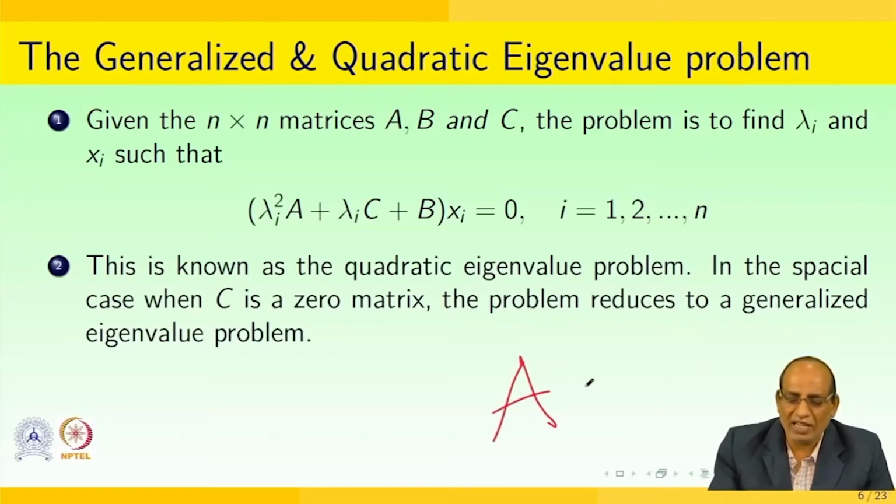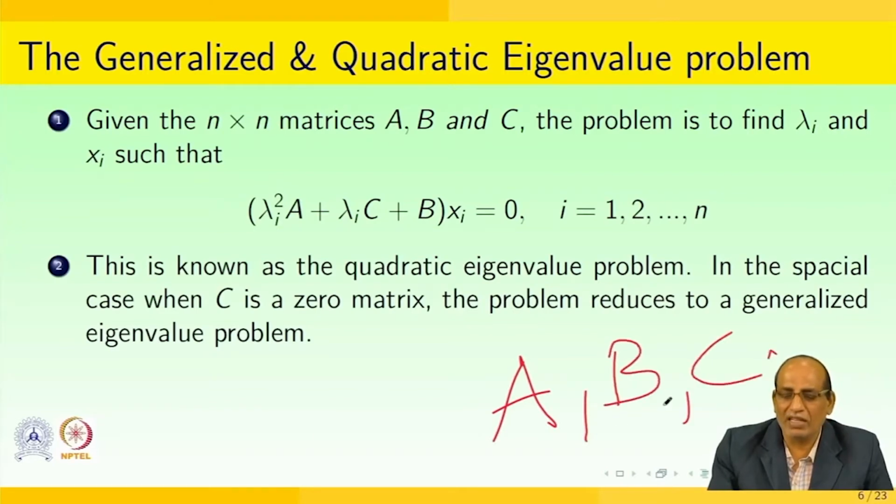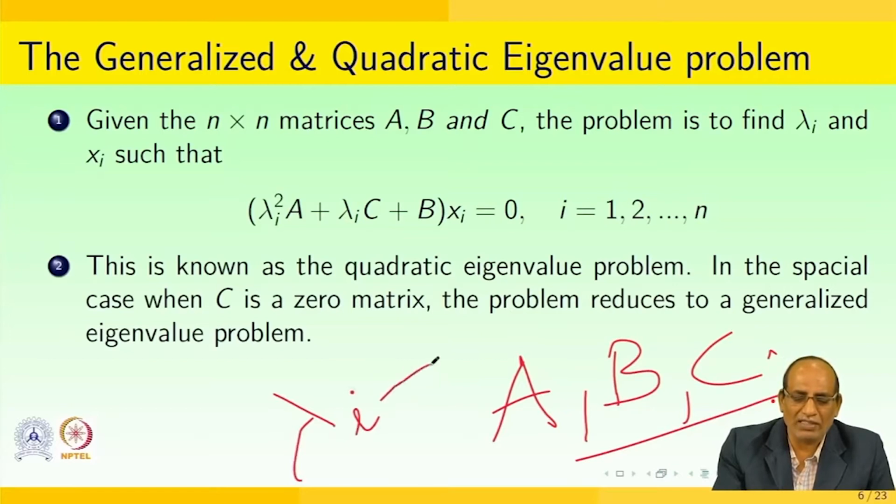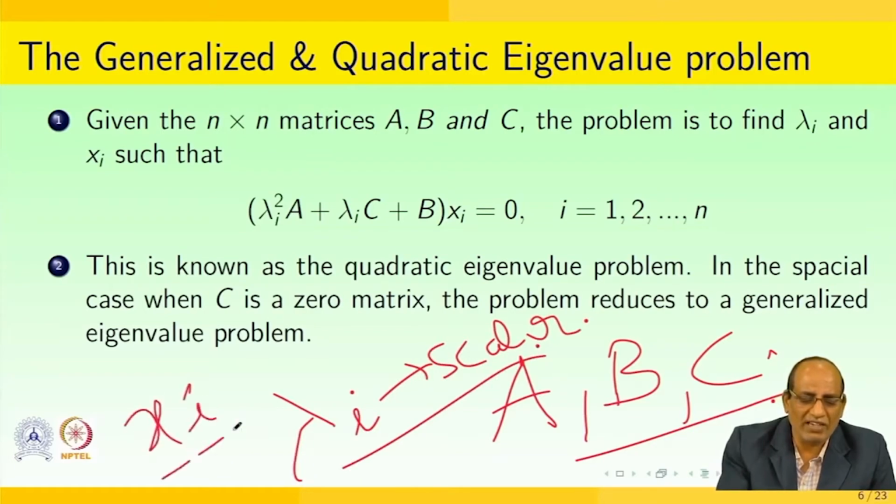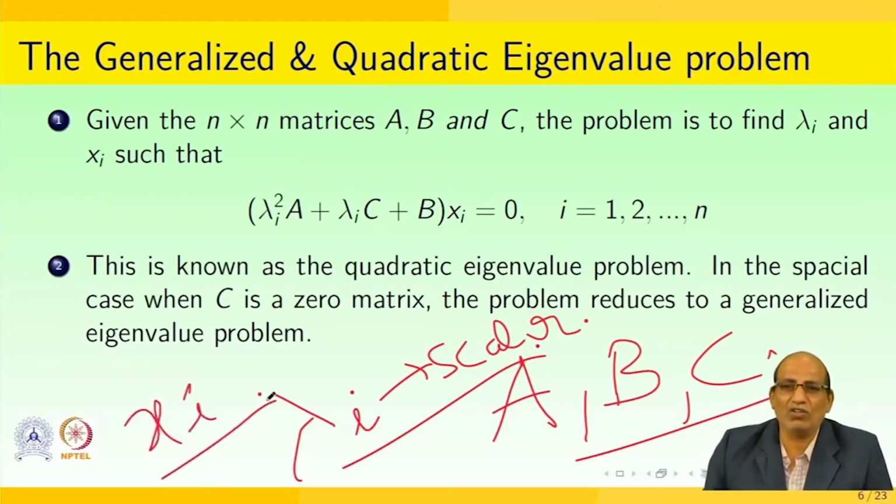Here A, B, C are the three matrices, and lambda is a scalar. You want to find this xi for every value of I equal to 1, 2, 3, etc., n. This is what is called the generalized quadratic eigenvalue problem.